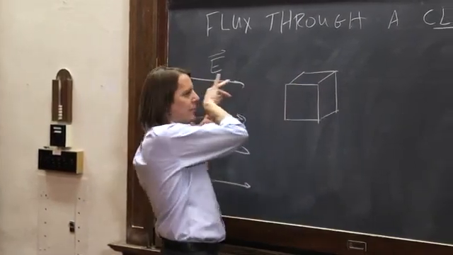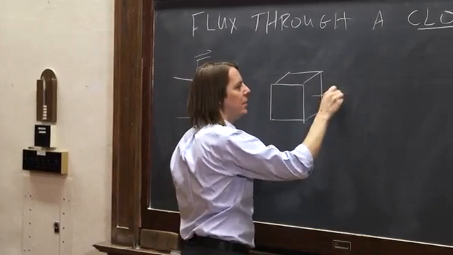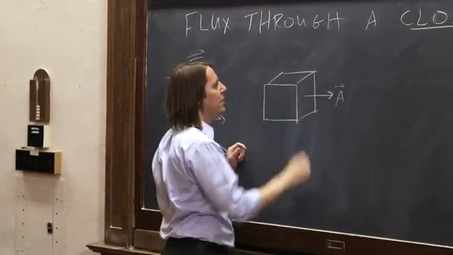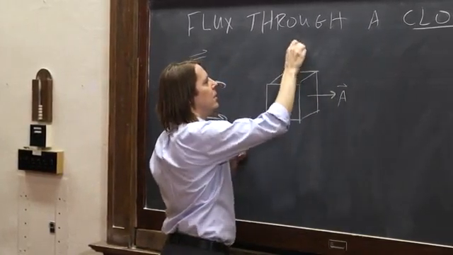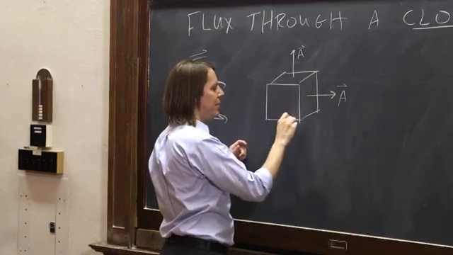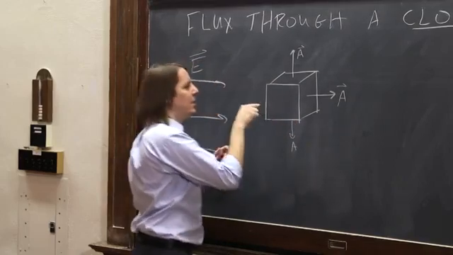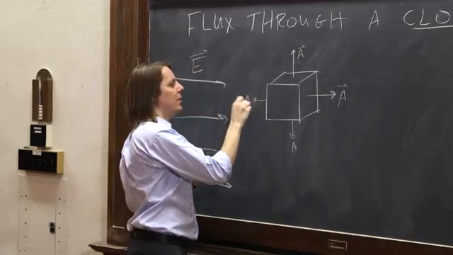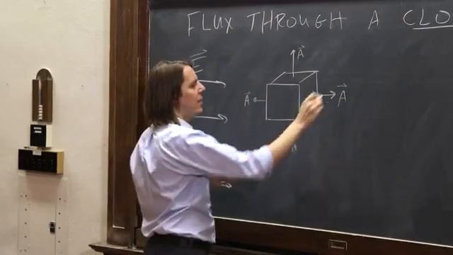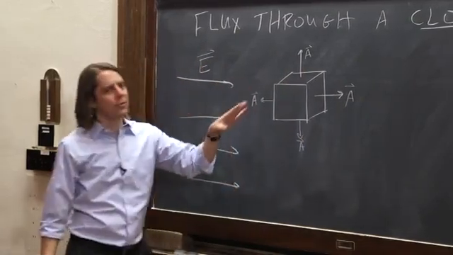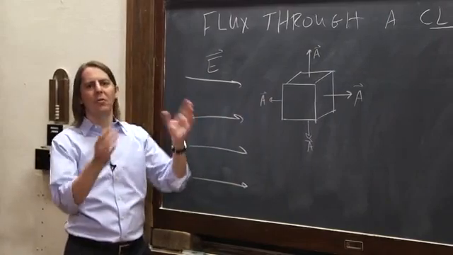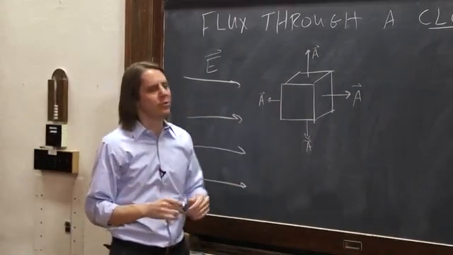The E field is always this way. This one has an area this way, this one has an area this way, the bottom underneath has an area that way, and this side back here has an area that way. They all have their own area vector, and the surfaces are uniform. They're not curved. You don't have to break them up into tiles because they're already squares.